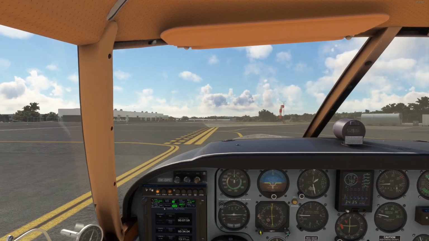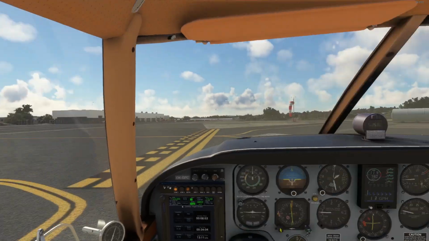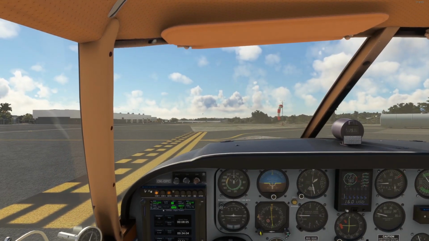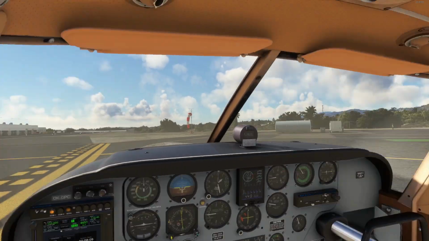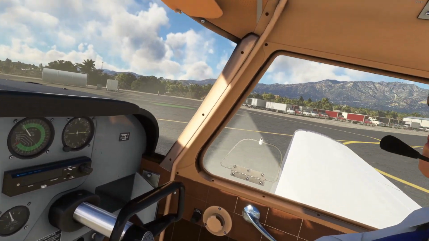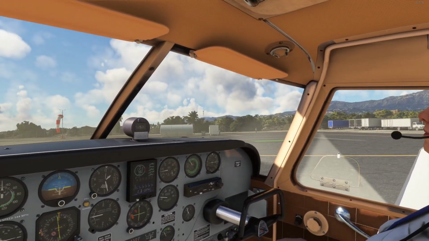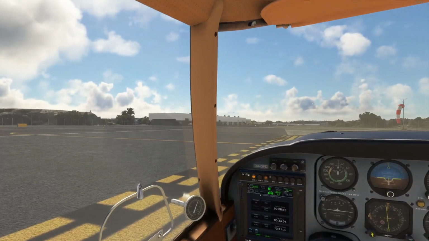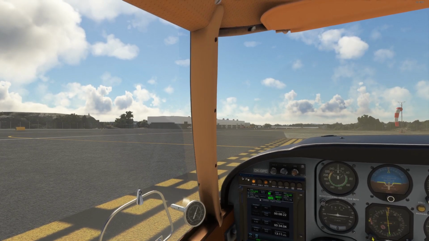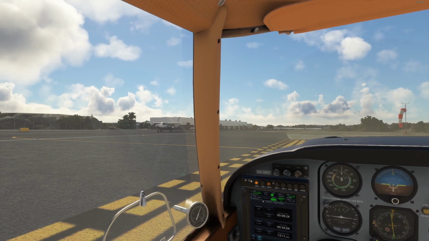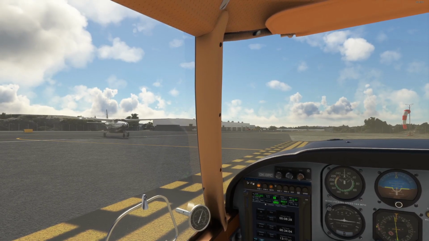Cable traffic November 17 Victor Delta, 6 mile final, runway 6, Cable. Cable traffic, Comanche 629 Lima is on about an 8 mile final behind the Diamond. Cable.